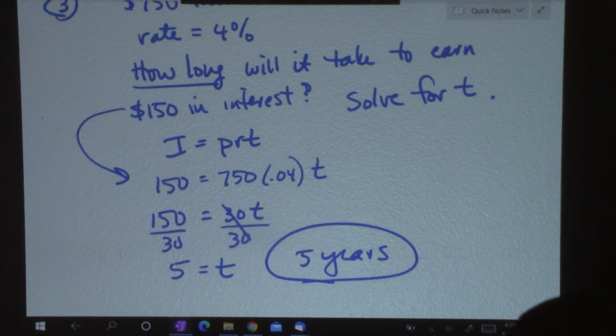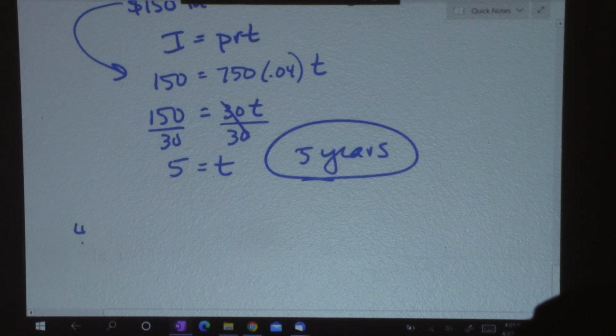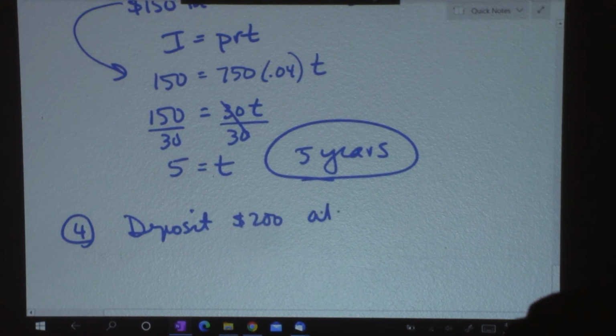Okay, we're going to do one more. We're going to have deposit $200 at a 4.5% rate of interest for 8 months.